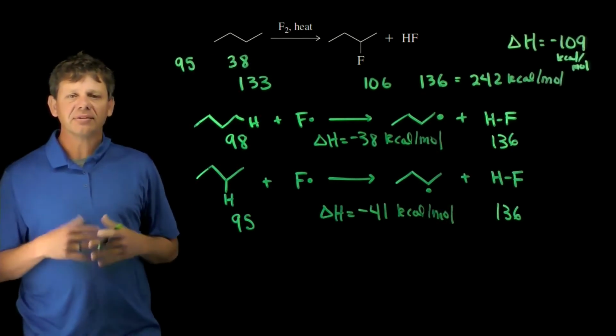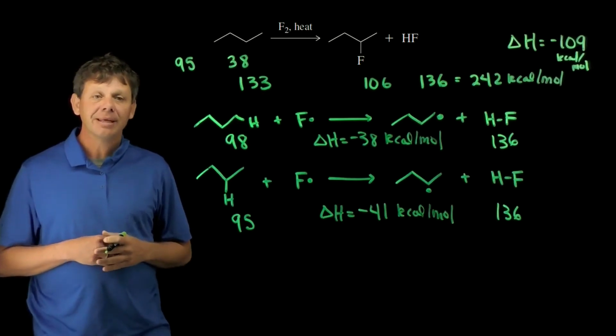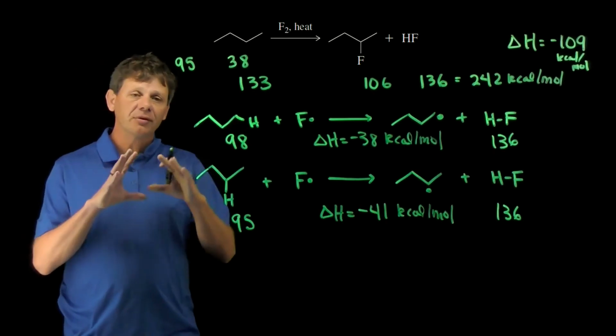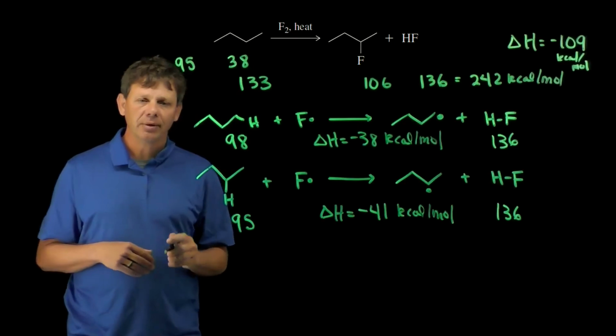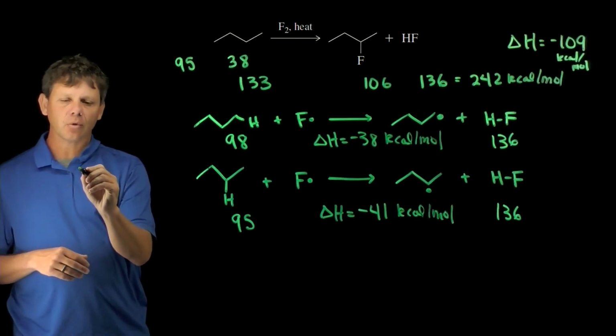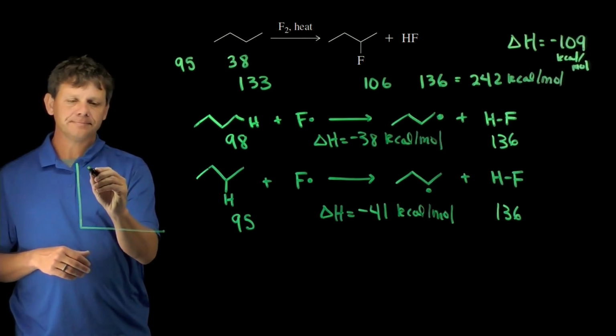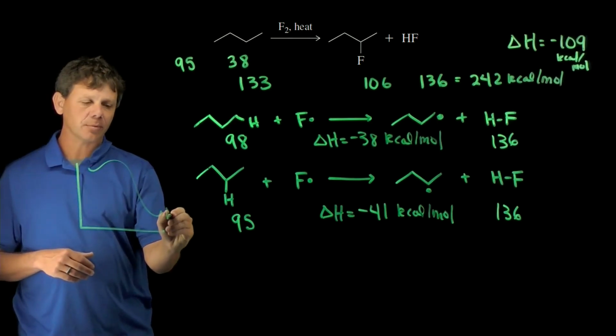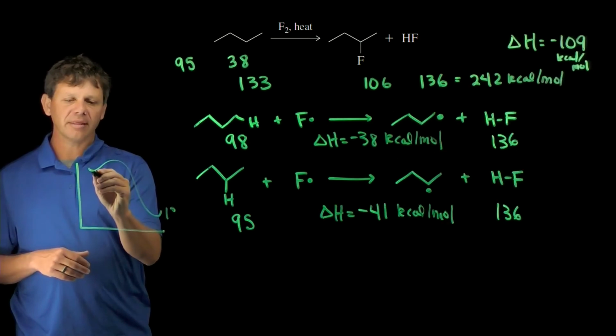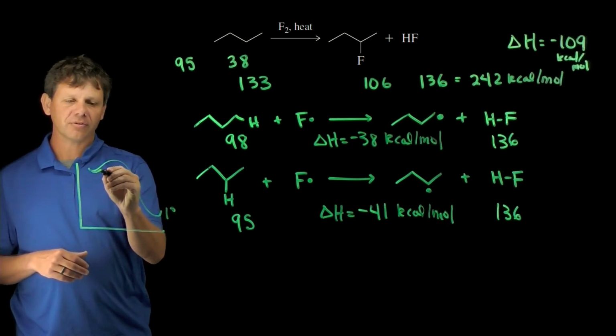What does this tell us in terms of the selectivity of the reaction? It tells us that both of these first steps are very much downhill. So we can draw a reaction coordinate diagram to show them looking something like this. So maybe this is for primary. This would be for secondary.